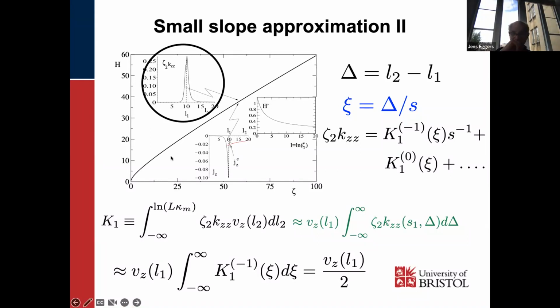If I do that, I can reduce the integral to something simple, which is just a function of one single variable. And once I've done that, I can actually do the integral. The value of the integral turns out to be just 1/2. So I've succeeded. I've calculated this K1, and this K1 is just a simple expression in the velocity itself.